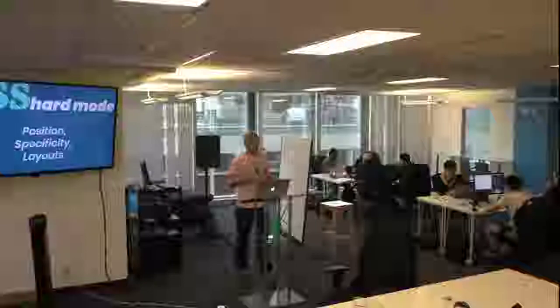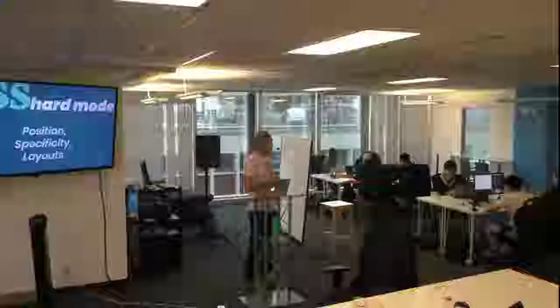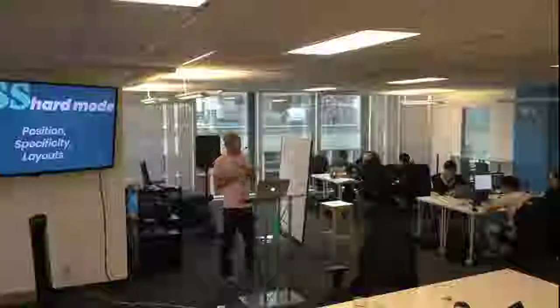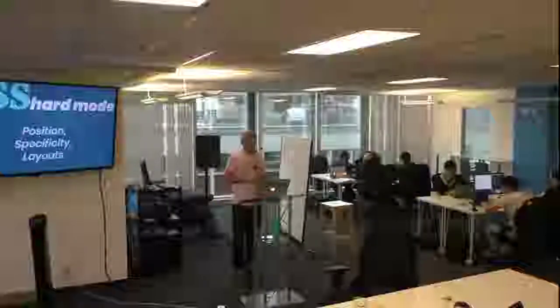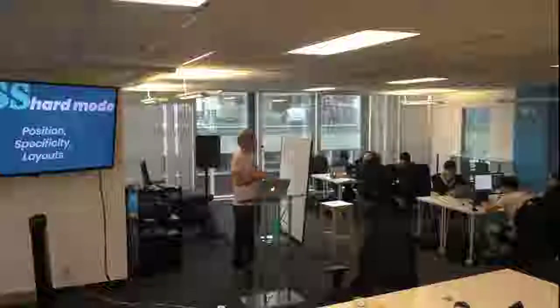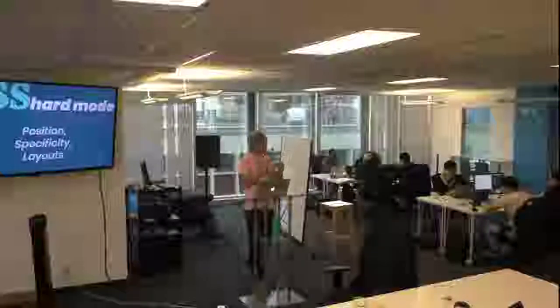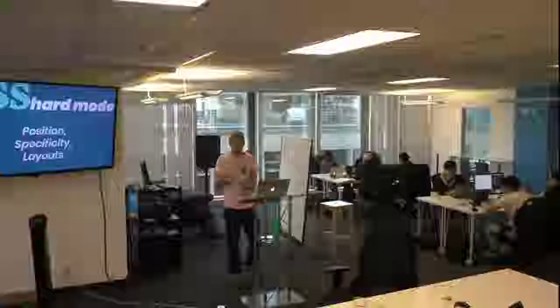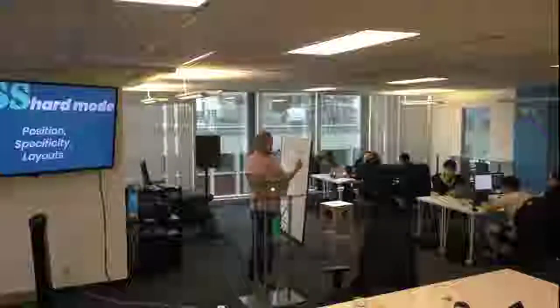So we learned quite a bit this morning about CSS. Then we talked about layout near the end and how we can use float to create a multi-column layout. This afternoon we're going to be talking a little bit more about some of the things we missed this morning. Position. So how do we actually position things in the document? We talked about sizing, the size of things, but not the position of those things.